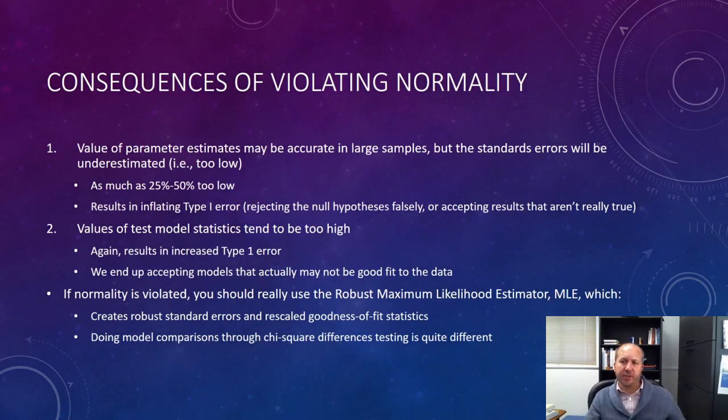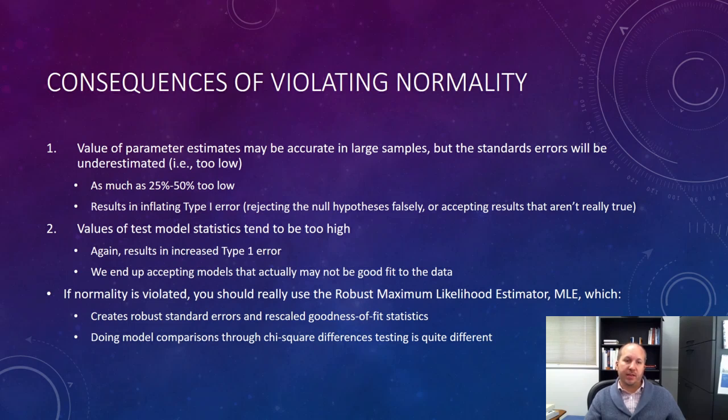If you violate those assumptions, especially that assumption of normality, we can get a lot of errors in our parameter estimates. Specifically, a lot of researchers found that the value of the parameter estimate may be accurate in large samples, but the standard errors will be really underestimated, sometimes 25 to 50% too low. And when you've done that, essentially what you're doing is inflating your type 1 error.